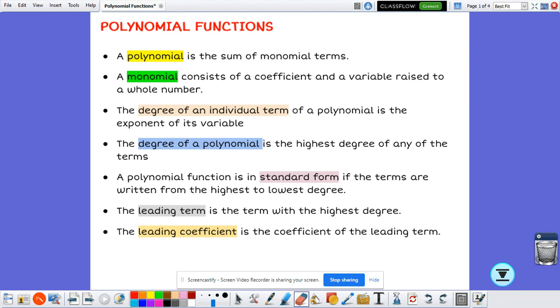It is if the terms are written from the highest to the lowest exponent, or from highest to lowest degree. Now, the leading term is the term with the highest degree. And the leading coefficient is the coefficient of the leading term. So in other words, the leading term is the term with the highest exponent.